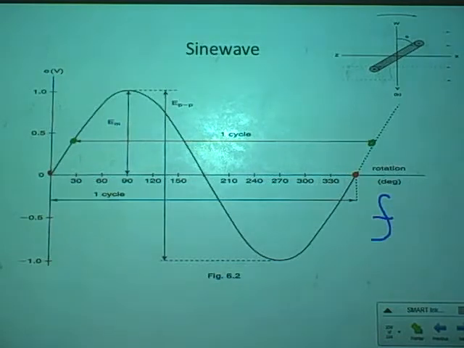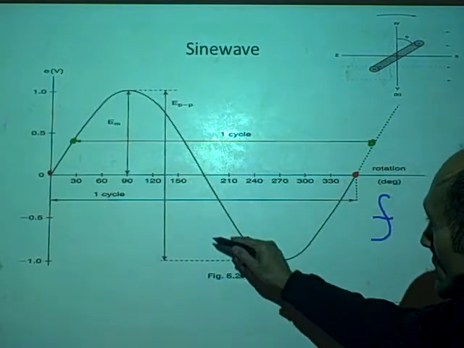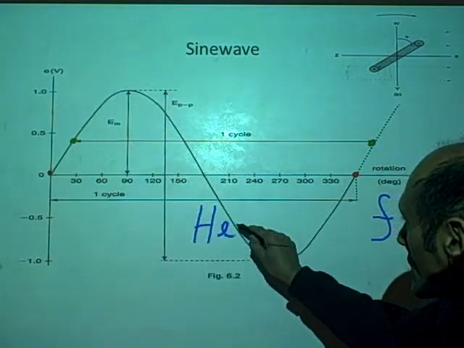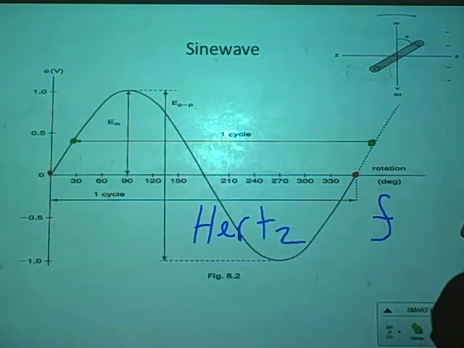Well, you also know what the unit for frequency is. You should have known it from maybe the electrics module that you may be studying upstairs in engineering. Yes, it is what we refer to as the hertz.